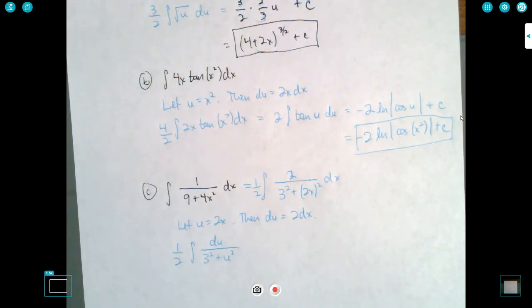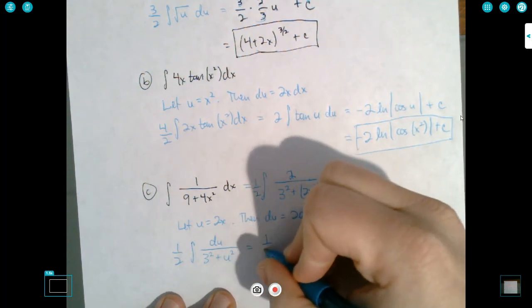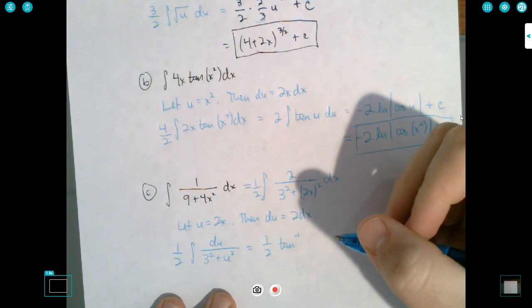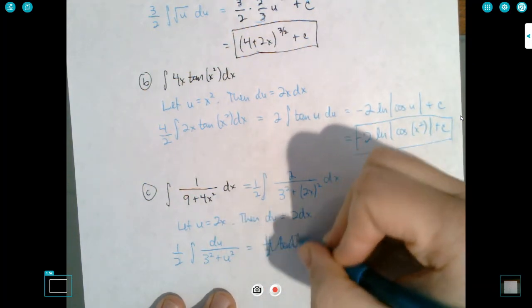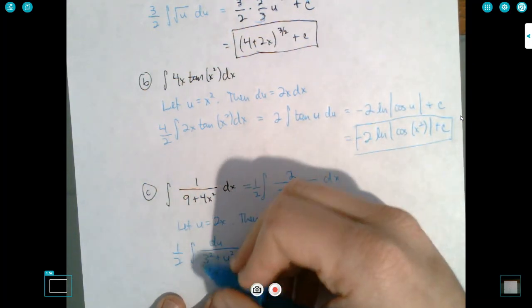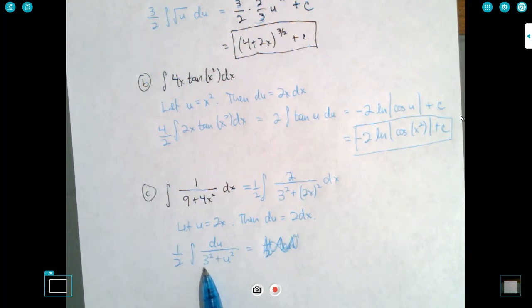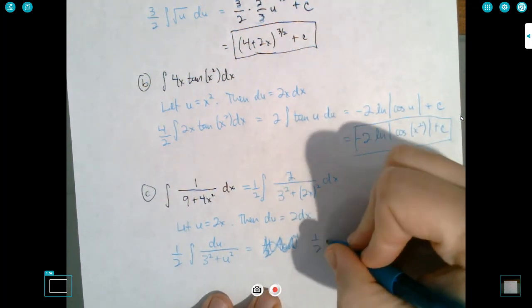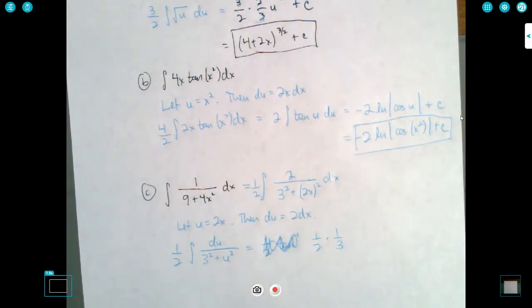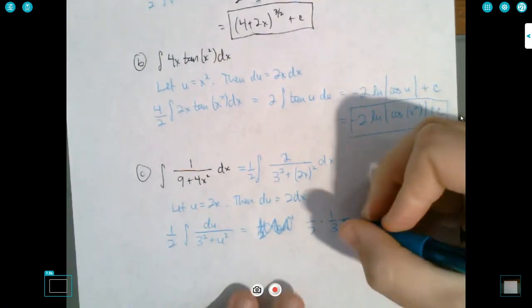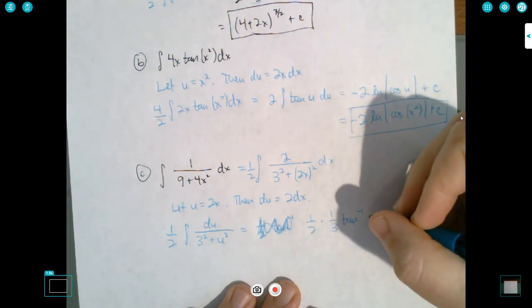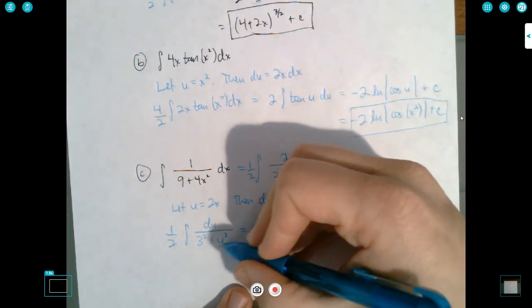That's a tangent inverse. Oh, I'm sorry, I was missing the 1 over a. In our little formula, this is a, so I have to multiply it by 1/3. So it's actually 1/2 times 1/3, 1 over that number, and then the tangent inverse of u over a.